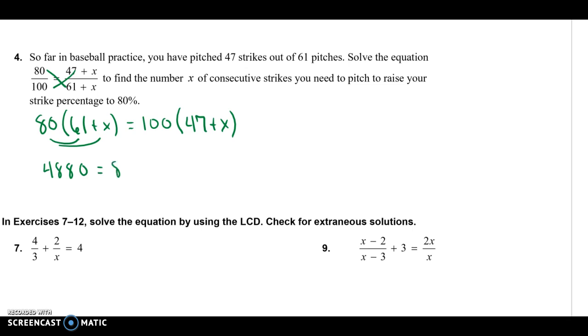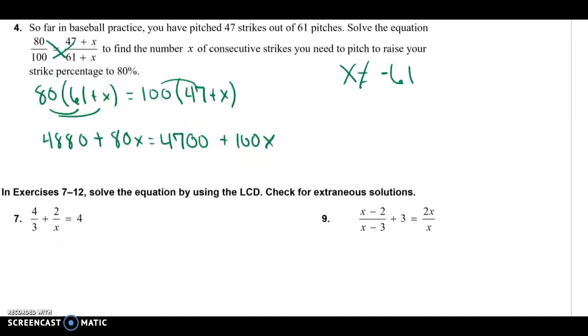And 80x, let me make sure, hold on. 80 times 61. Okay, and then that should be a plus sign, sorry. And then an 80x. And then when I distribute 100 through, I'll get 4700 plus 100x. Again, they're just the same type of x, so you just have to work on getting those x's on the same side. So just a quick reminder, what can't your answer be based on the fraction on the right? You cannot have -61, which isn't going to happen here.